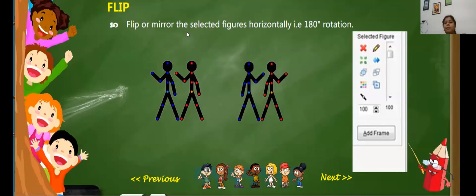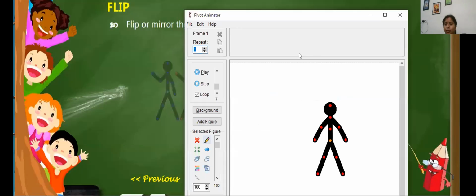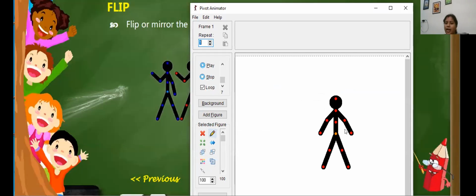Flip or mirror the selected figure, that is 180-degree rotation, right? So now what is a flip tool? Can you just see here over here? Yes. Now I'll just make this pivot man hand towards, it is towards our right hand side, right?